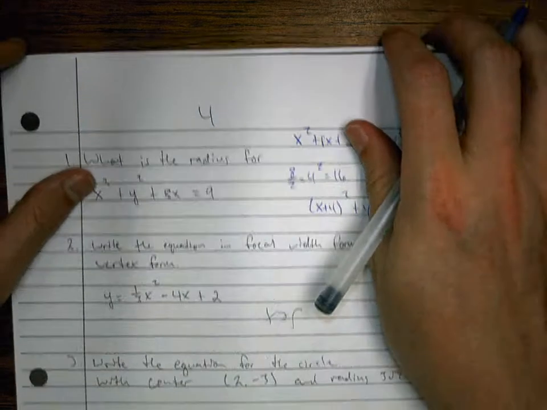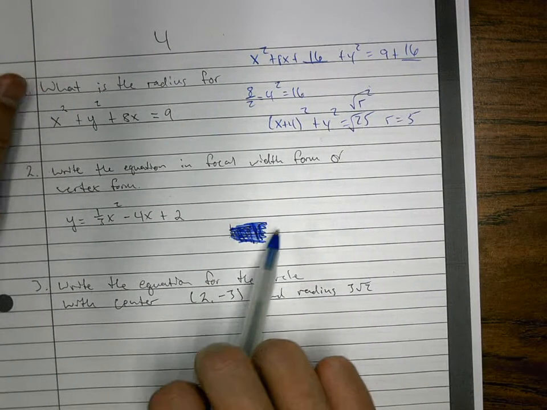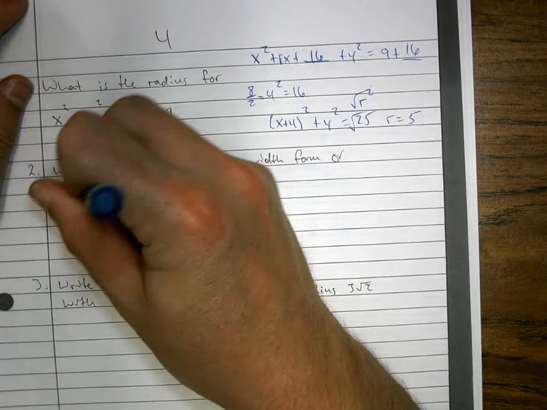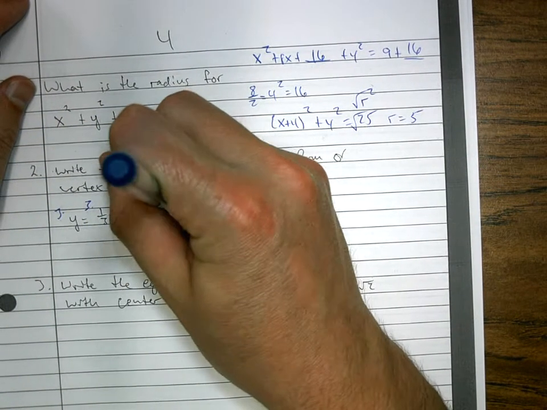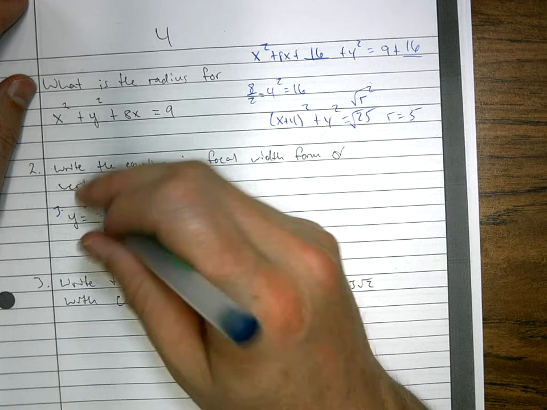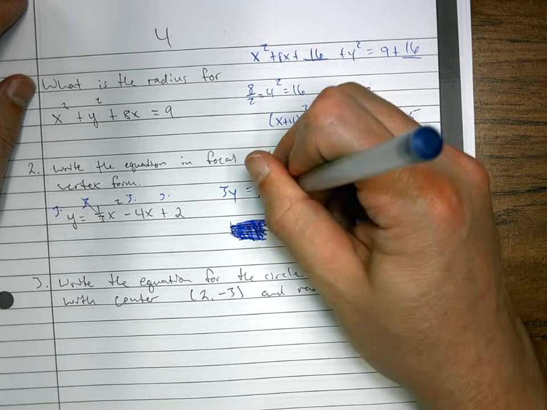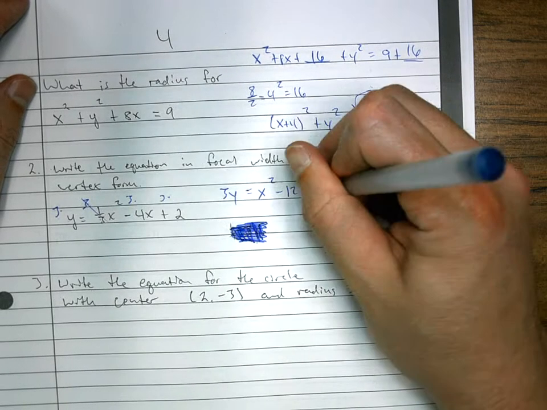So multiplying everything by 3 to get rid of the fraction, this will be 3 times that, 3 times that, 3 times that, 3 times that. 3 times y is 3y. 3 times 1/3, those will cancel, and I just get x squared. 3 times negative 4 is negative 12x. 3 times 2 is positive 6.